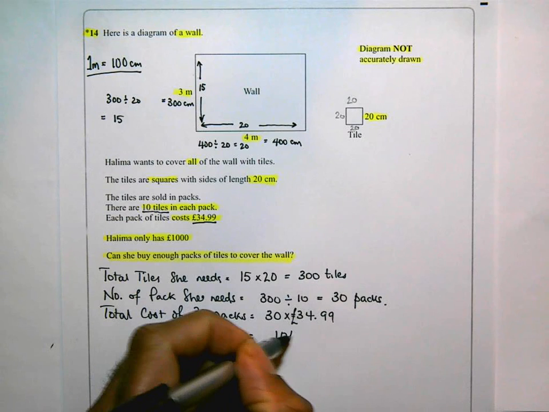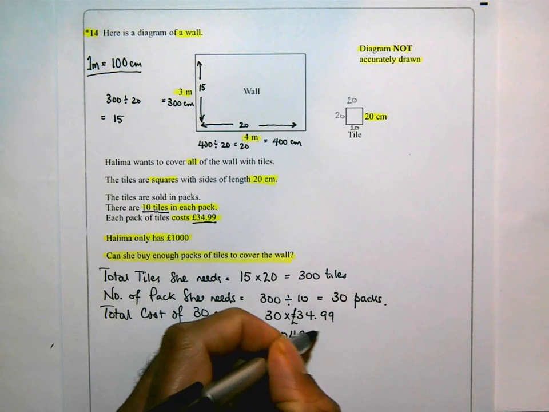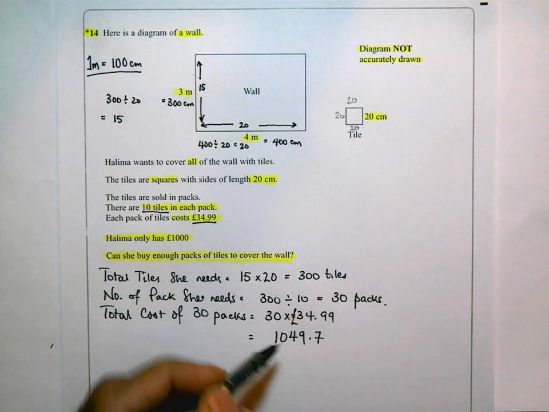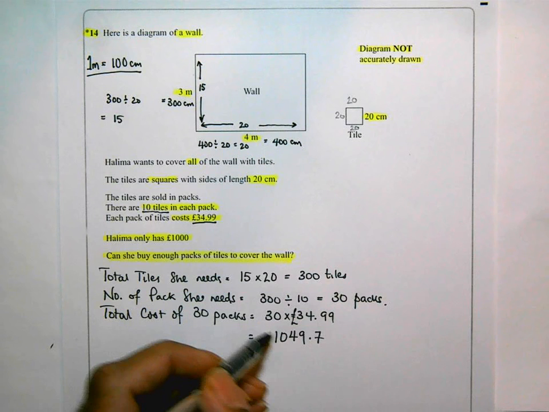Now, this is really important. We need to recognize that this is money we're dealing with, so that's 1,049 pounds, but that 0.7 means it's 70 pence.